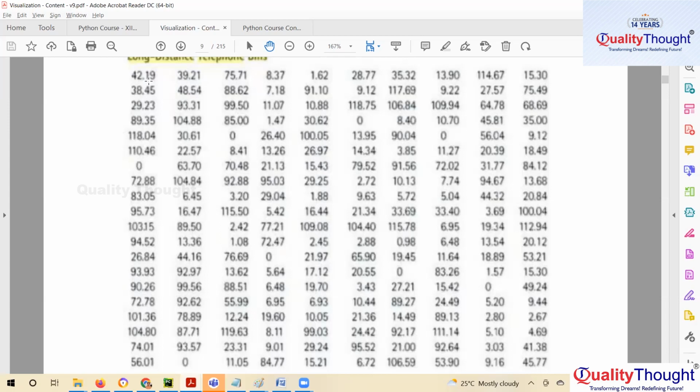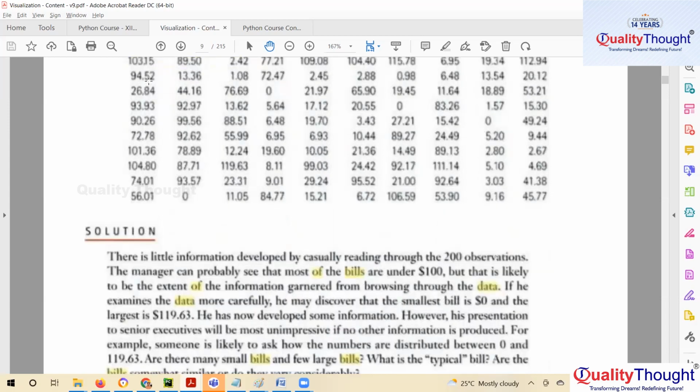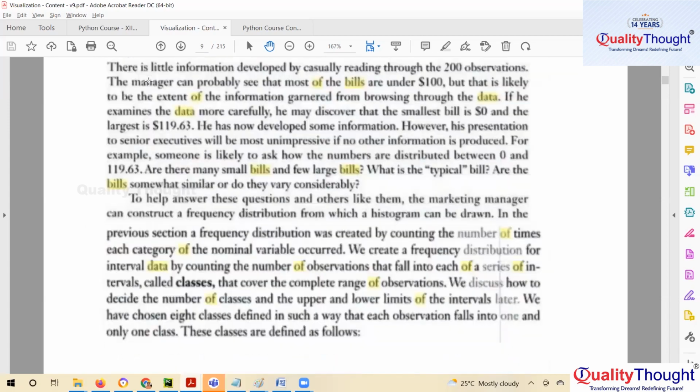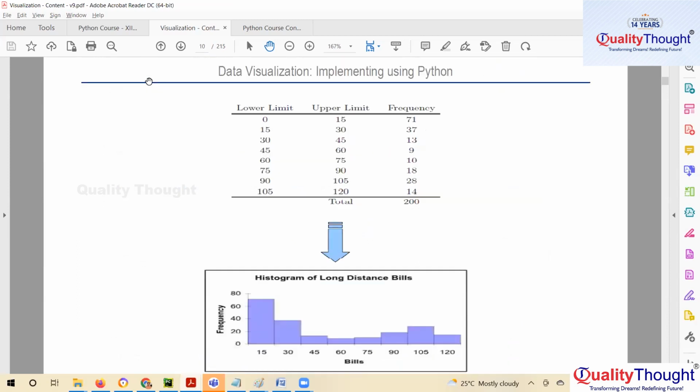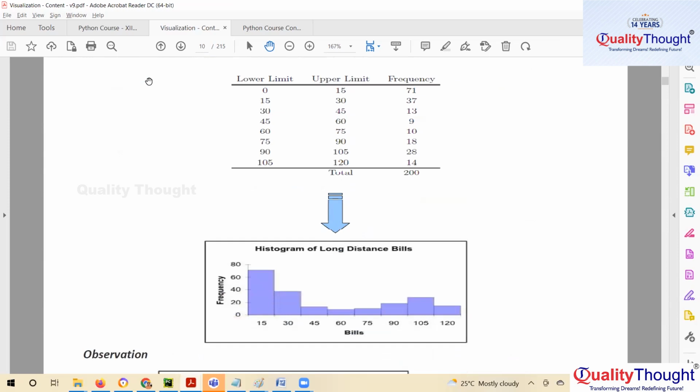Step one is you create a frequency distribution. This is how you will create it. So what I have done: the minimum bill was 0 and the maximum was 119.